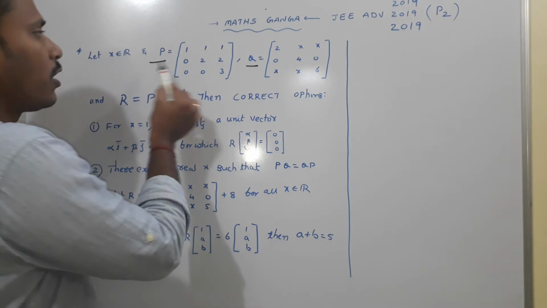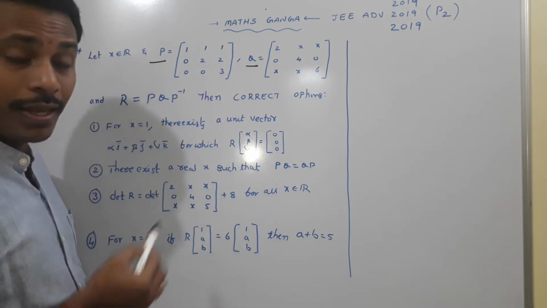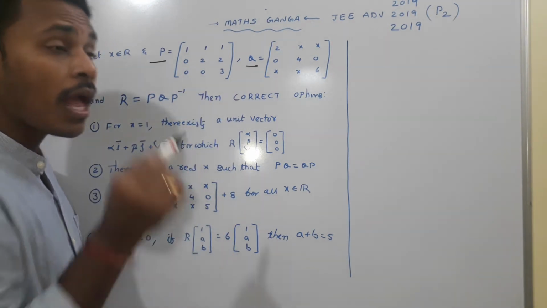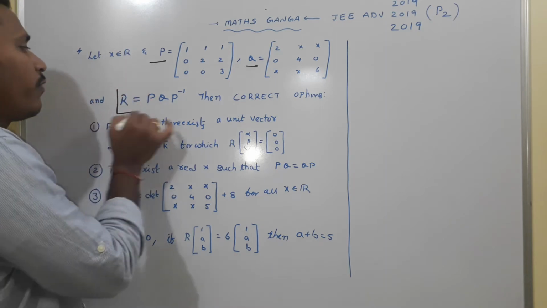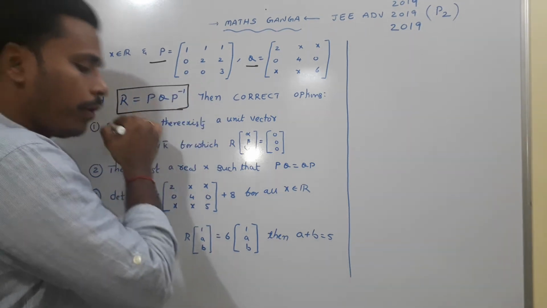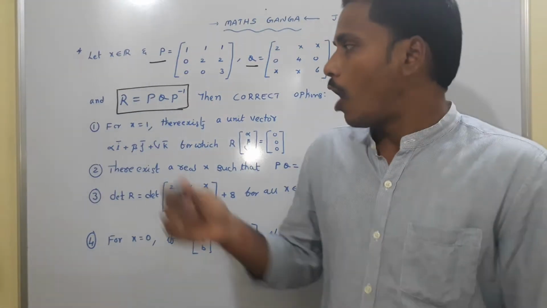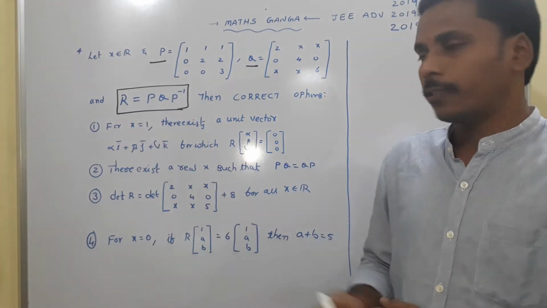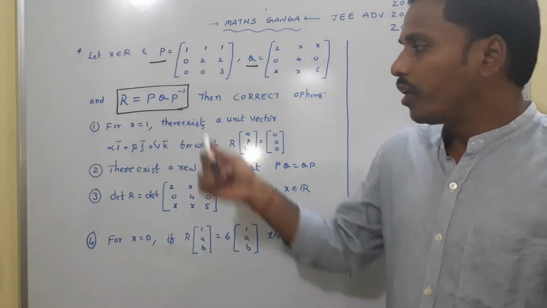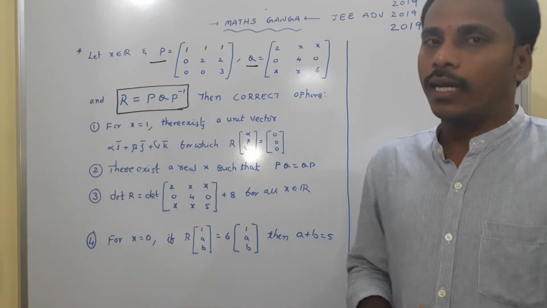So these are the two given matrices P and Q. Another matrix R is defined as PQP inverse. Then we need to check which of the following options are correct.